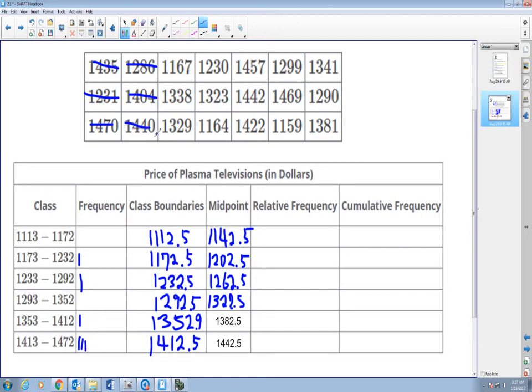1440 is this one. 1167 is the first class.